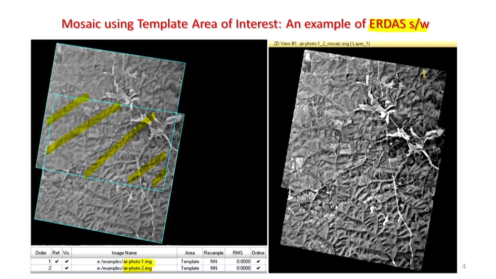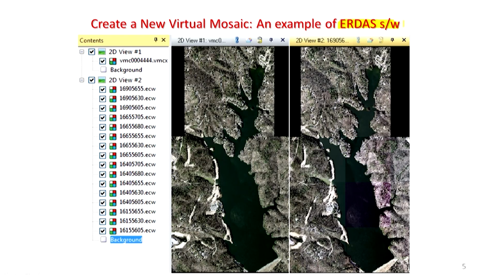But when two different orbits' images are there and a time difference is there, then making a seamless mosaic becomes a little difficult. But there are ways to minimize that seam, and we can have such an example. Like here again, from the same commercial software, various images have been taken, and a seamless mosaic is what you see on the right side.